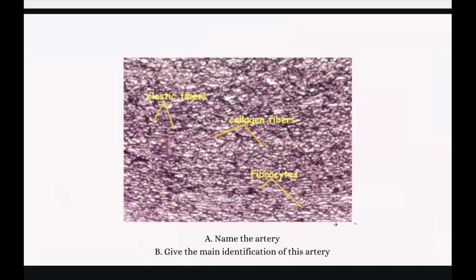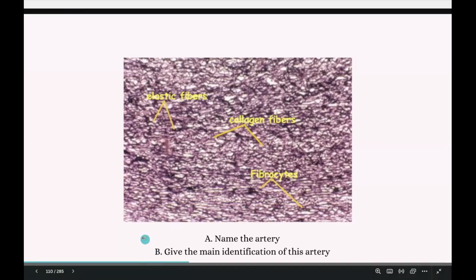Okay, so question time. Name the artery. Is it the elastic artery? Yes, exactly. What's an example of it? Aorta? Yes, aorta. And you can tell by all the elastic fibers. Oh, I just gave away the second question. What's the main identifying feature of this artery?